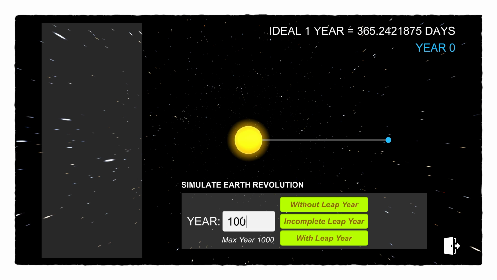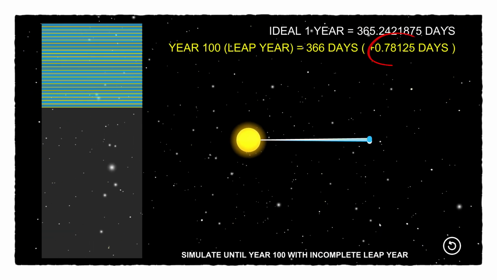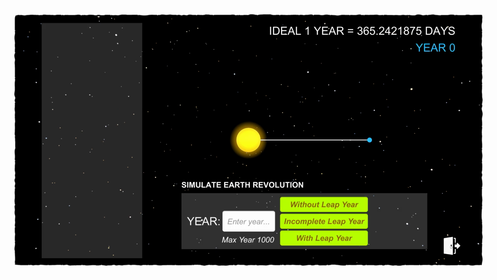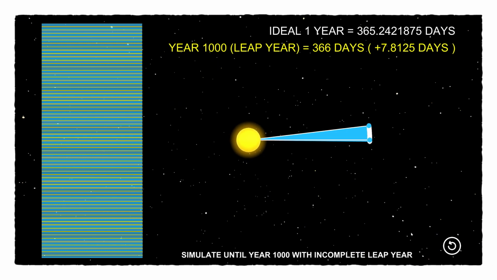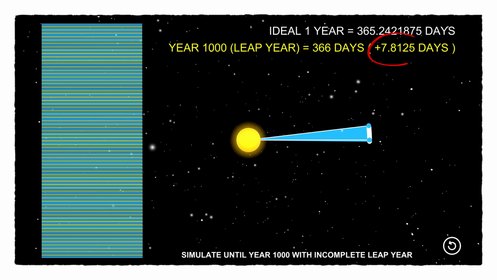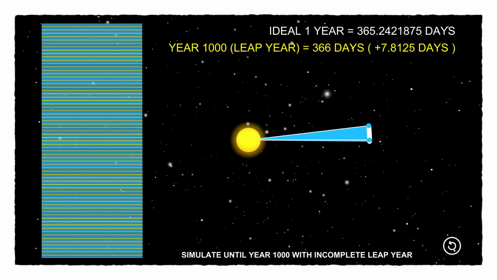Running the simulation until year 100 with adding 1 extra day every 4 years, the Earth exceeds around 0.78 days. And if we simulate until year 1000, the excess is a whopping amount of around 7.8 days, almost exceeding 8 days. This solution of adding one extra day every 4 years seems not feasible to be applied for a long run.